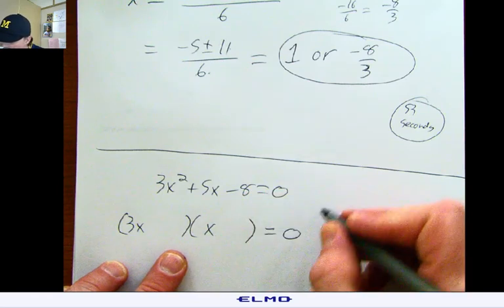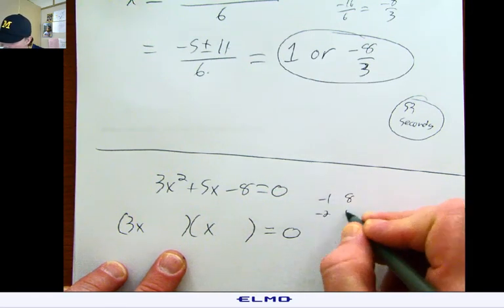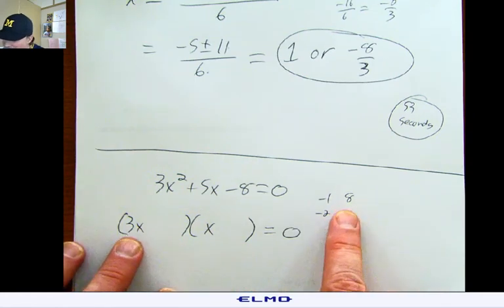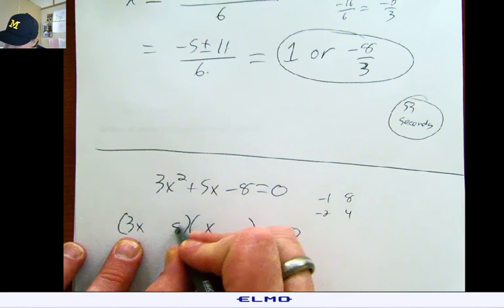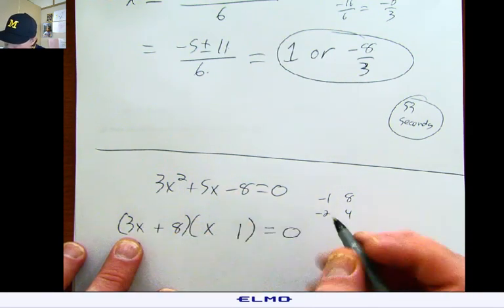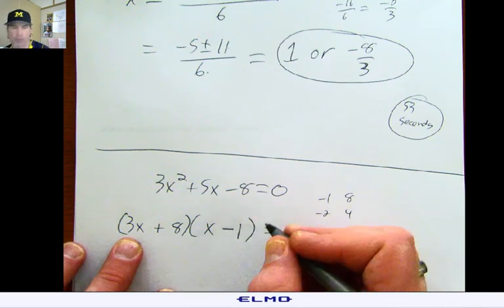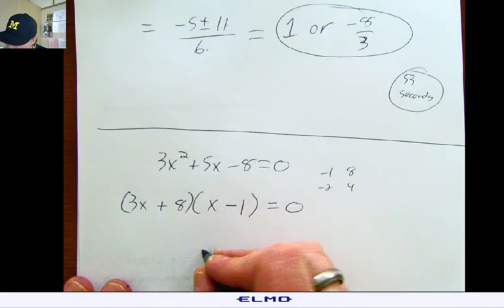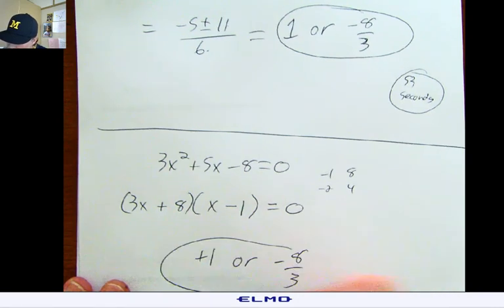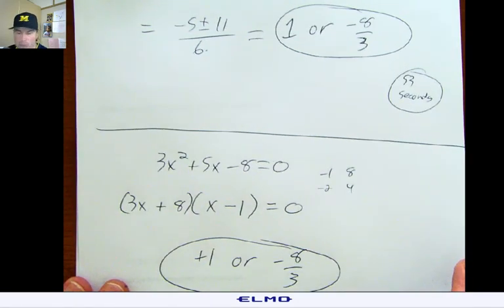So it's either going to be -1 and 8 or -2 and 4. If I use 8, 8 and 3 add up to 5, so that's how it's going to work out. So I'm going to put the 8 here and the 1 here, and I want it to be positive 8 and -3, which means that the answer is positive 1 or -8/3. Bam! 32 seconds.